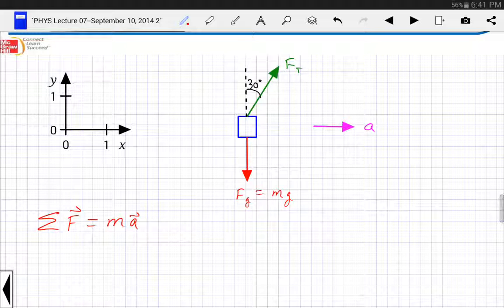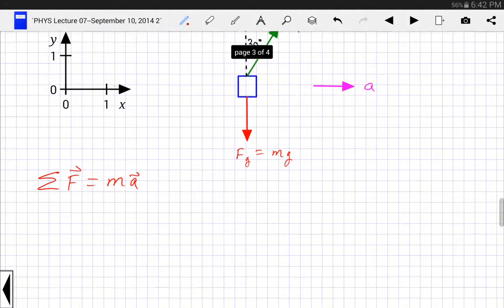I dropped out the vector signs. In this problem, I have this vector that is partially in the x direction, partially in the y. If I was going to do this with components, I would have to break that up into its x and y components. But this problem is going to be a lot easier to solve by using graphical addition than it is with components. So let's see how that works.